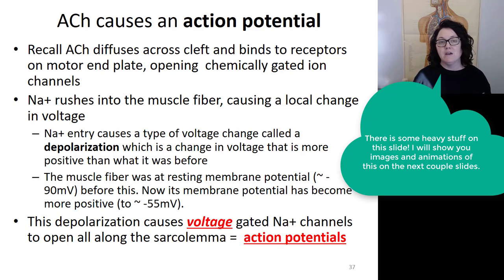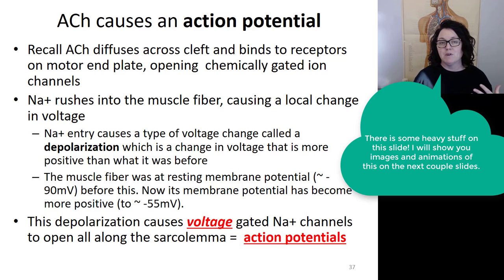When the inside of a cell becomes more positive, we have a special term for that called depolarization. And we'll learn more about that when we get to our neurophysiology unit. But the entry of the sodium causes that depolarization, that increase in voltage inside the muscle fiber.